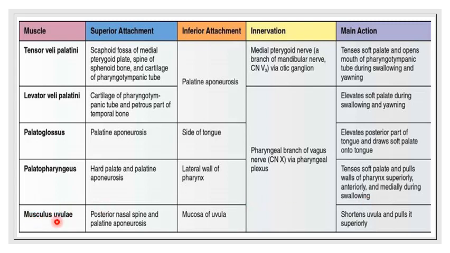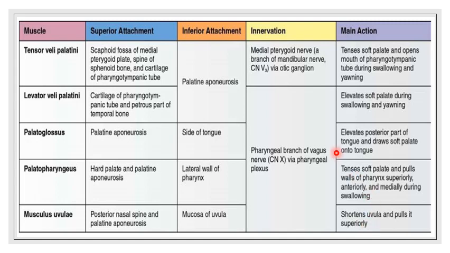Then the musculus uvulae. It arises from the posterior nasal spine and palatine aponeurosis, and it inserts onto the mucosa of the uvula. It shortens the uvula and pulls it superiorly.